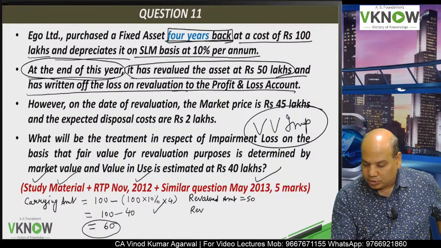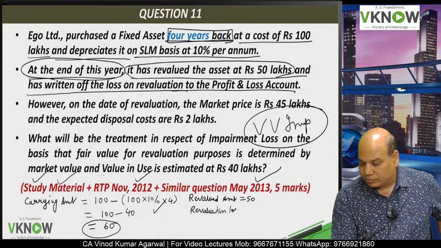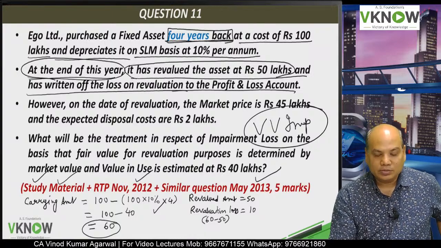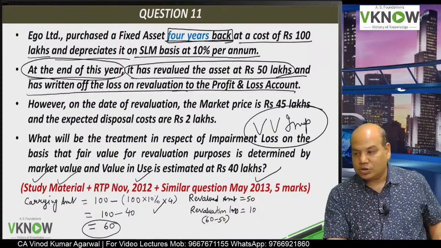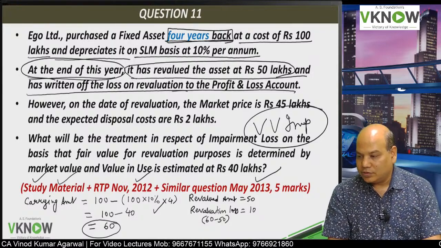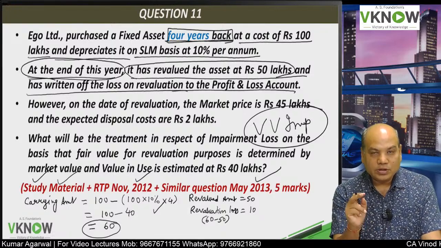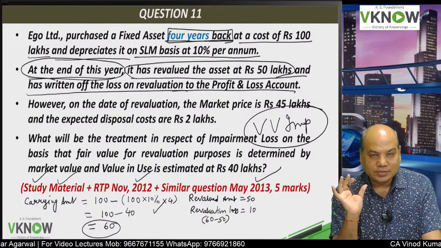So there is going to be a revaluation loss of 10, that is 60 minus 50. Revaluation loss is calculated under AS 10.